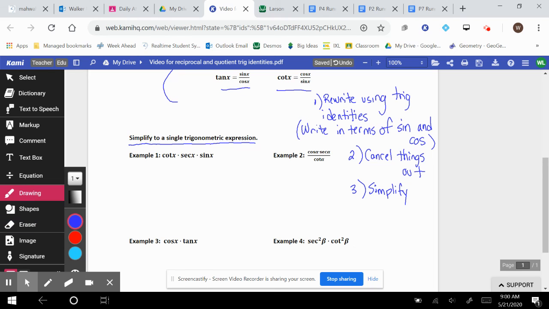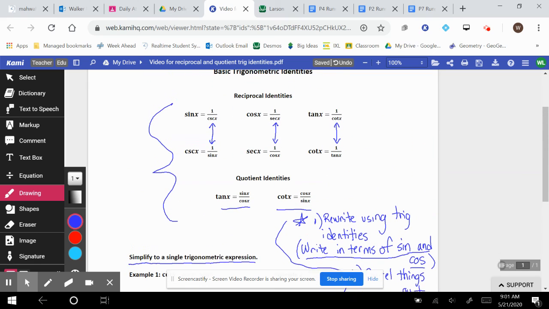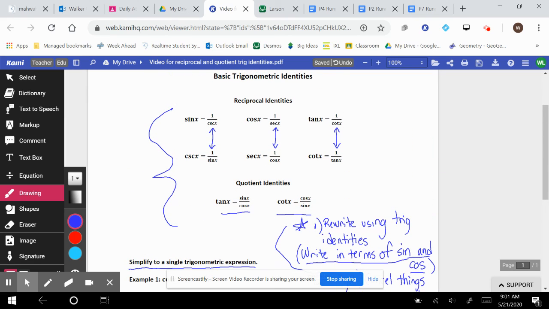All right, and I'm going to go ahead on number 1. So the first thing is I want to explain what I mean by number 1 here when I say write in terms of sine and cos. Okay, so all 6 trig functions can be written in terms of sine or cos. What do I mean by that? Okay, so sine equals sine, cosine equals cosine. Tangent. Whenever you have a tangent, you can rewrite it as sine divided by cosine.